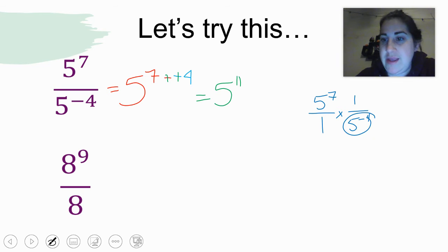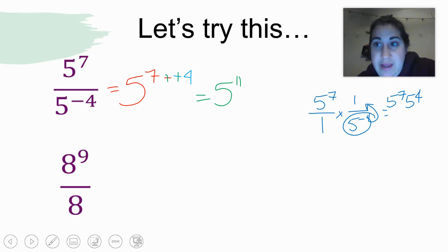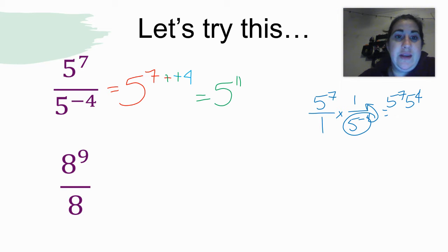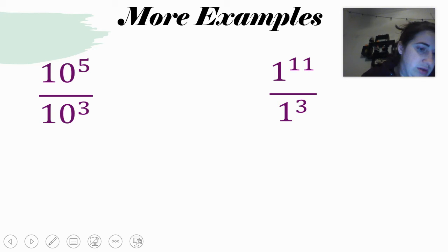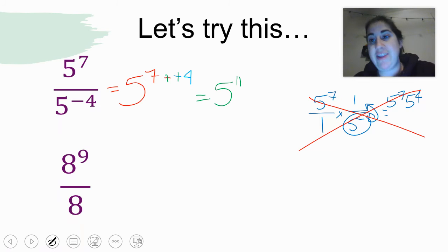So we can put this on the top by making it positive. So I actually have 5 to the 7th and 5 to the 4th, which means they're multiplying, and then we can add. Now, if you don't want to remember this bit, you don't have to. You can ignore everything I said about that, as long as you are subtracting and making sure that you're not ignoring the signs.